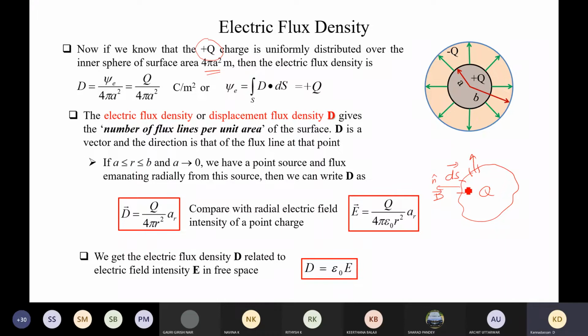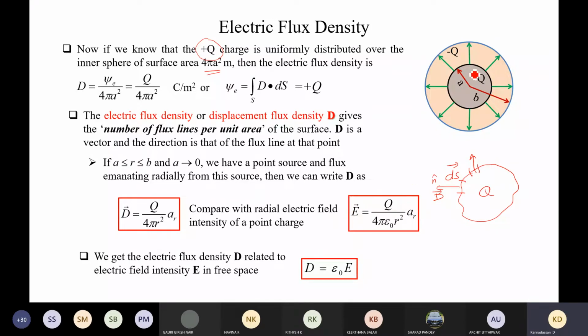This makes these concepts much easier to integrate or differentiate, compared to Coulomb's law. But Coulomb's law can be used for some different applications, and this electric flux density method can be used in the other way.